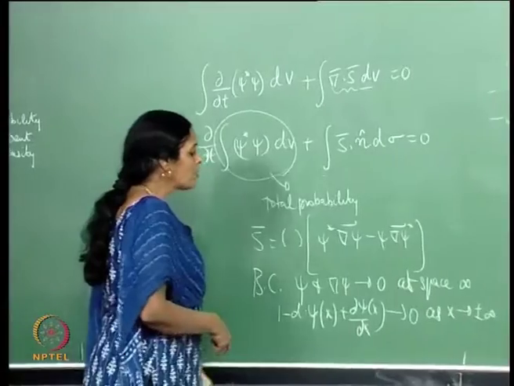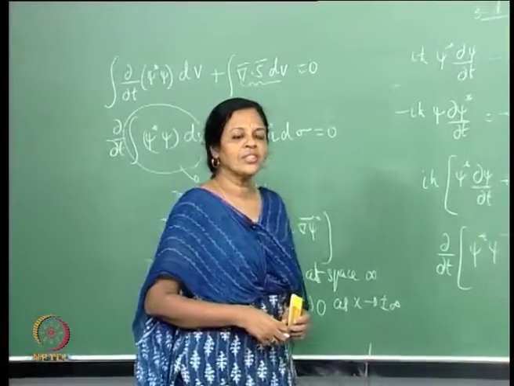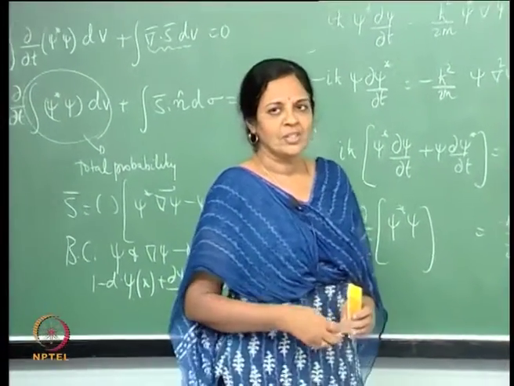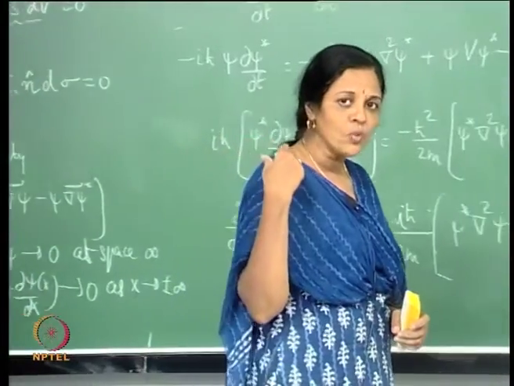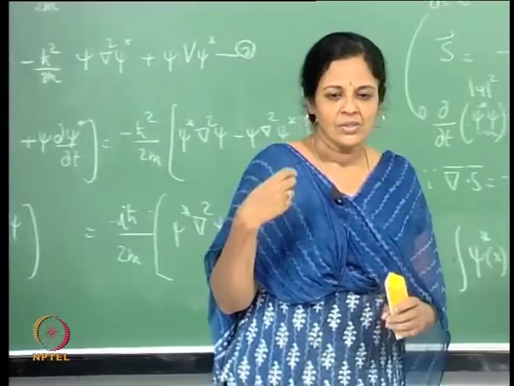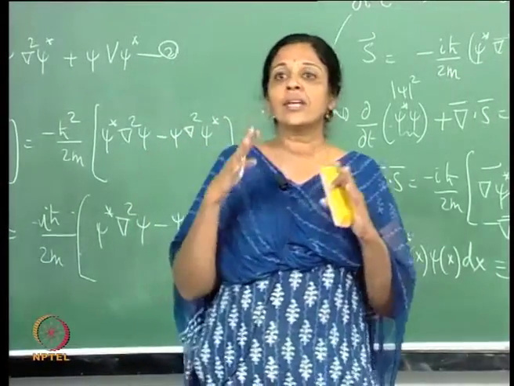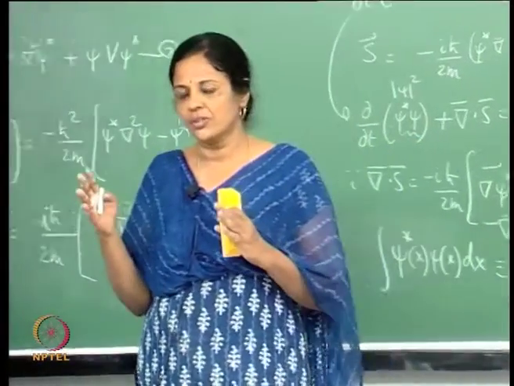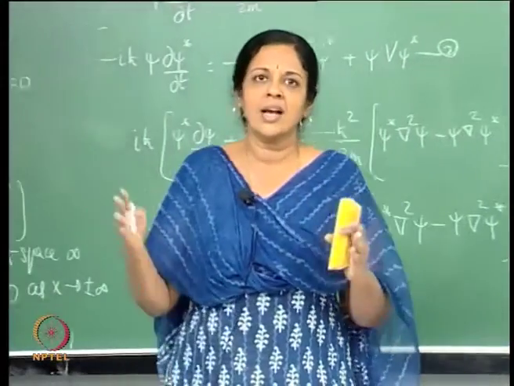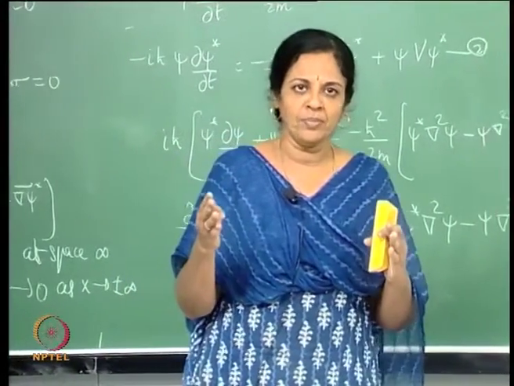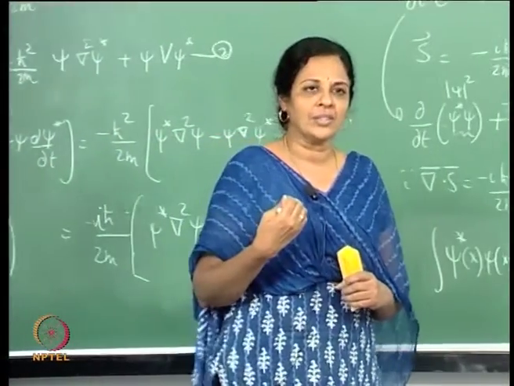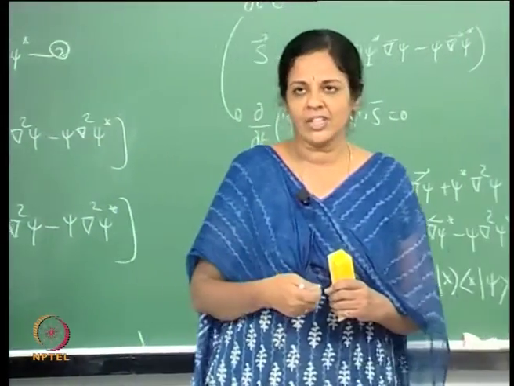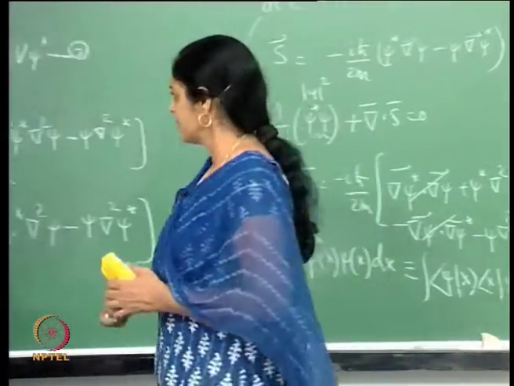So given these boundary conditions, the Schrodinger equation can be solved because it involves a second derivative with respect to x, and I have two boundary conditions. So in the case of the time independent Schrodinger equation, we can treat this as an eigenvalue problem. I will show you how to do that shortly. Impose these two boundary conditions, find the eigenvalues and eigenfunctions.